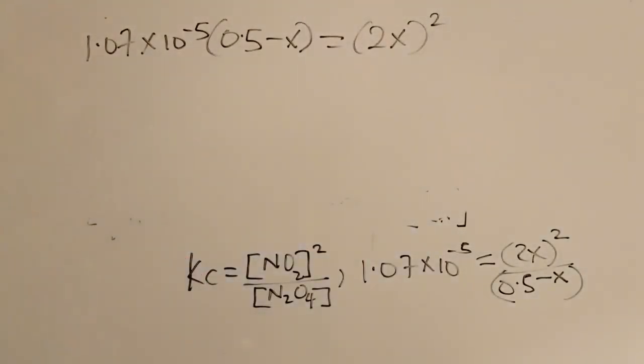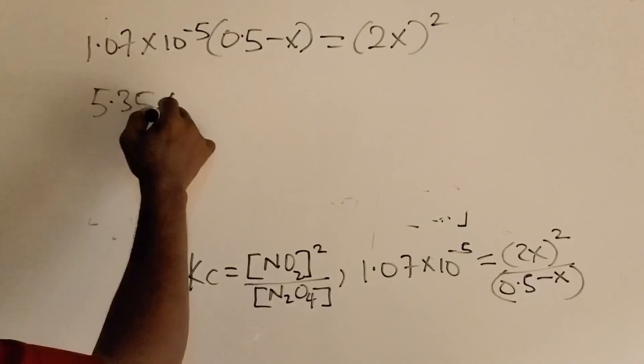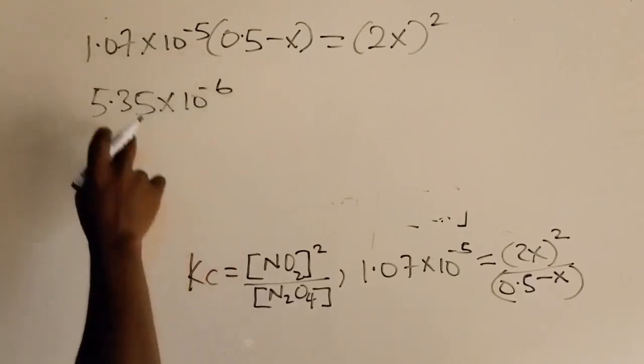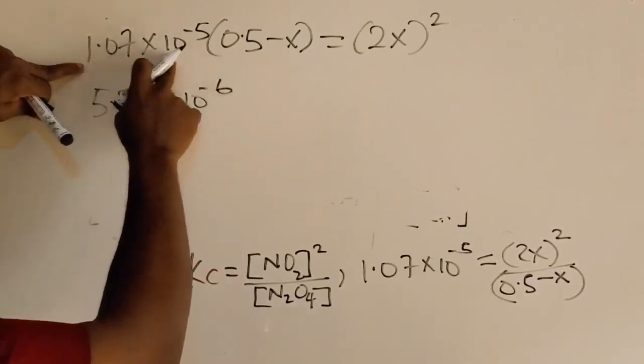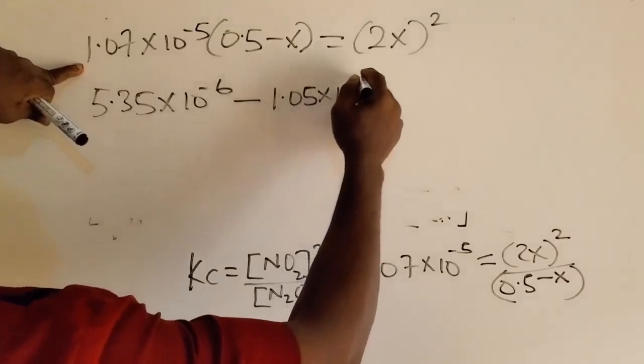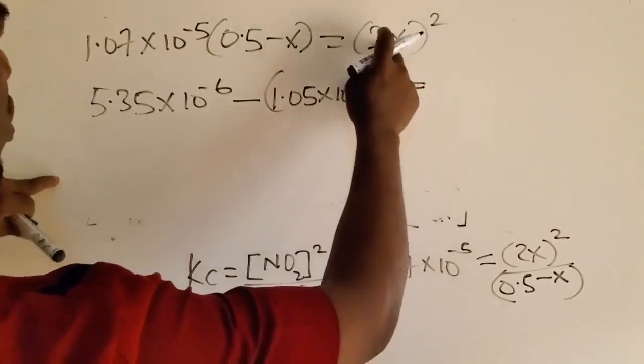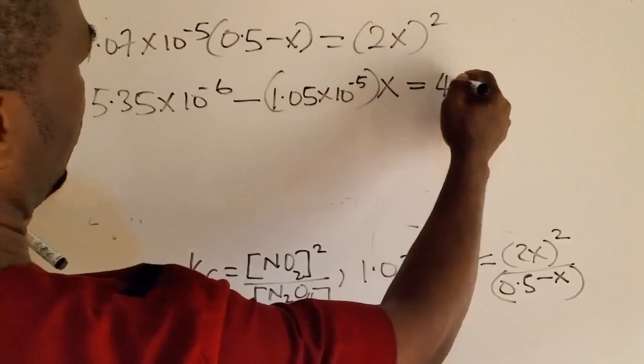So you open the bracket: 1.07 power minus 5 times 0.5 is going to give us a value of 5.35 times power minus 6. Good. The 1.07 power minus 5 times S gives us 1.07 power minus 5 bracket S, equal to, open, 2S and 2S give us 4S squared.